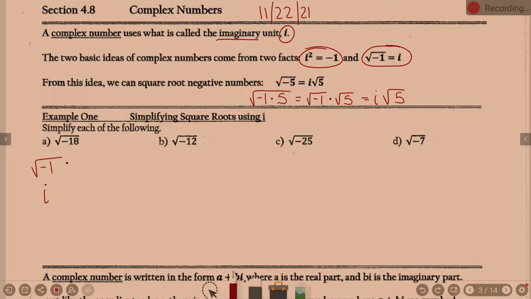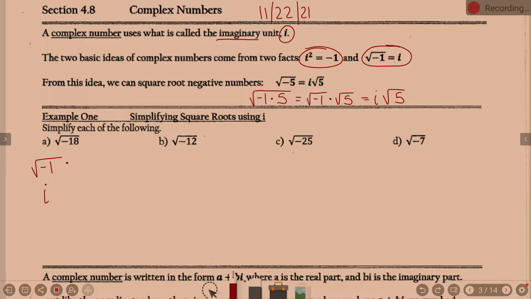Either 18 stays under the square root sign as is, or there are perfect squares within 18. So what you always need to ask yourself, and we did this once last week, is this: the one we did last week was 28, and 28 became 4 times 7 because 4 was a perfect square. So you need to ask yourself, are there any factors within 18 that are perfect squares?